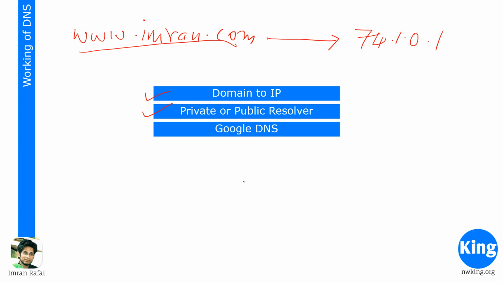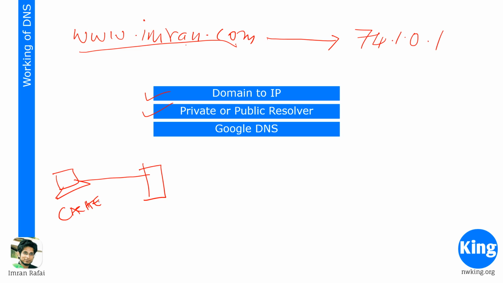So let me just quickly tell you how this works. This is your computer, right? And your computer is configured to contact something called the resolver. So normally, the first time when you type imran.com, this computer will check its own cache. If this computer has accessed this website earlier, the IP address is definitely going to be there.